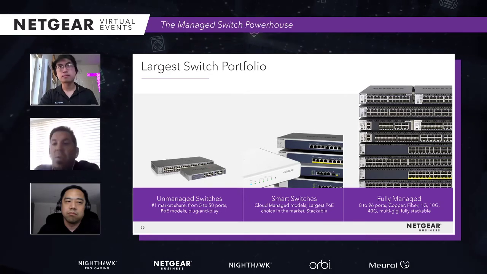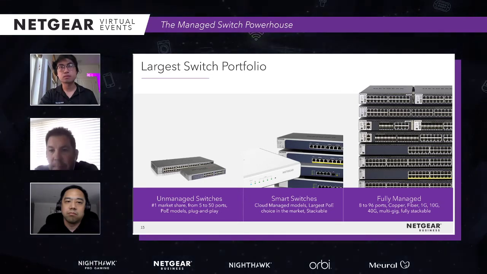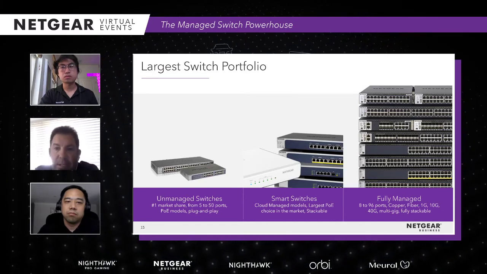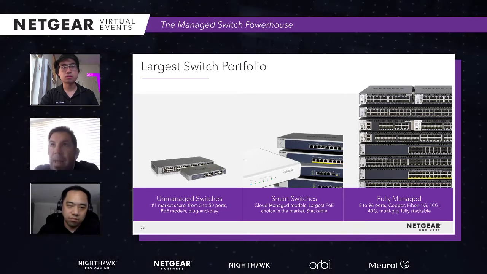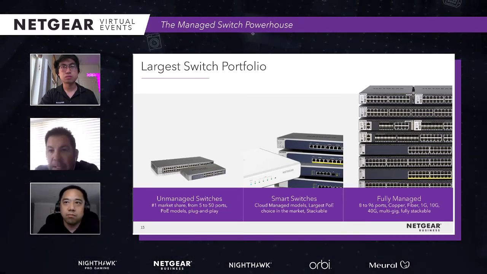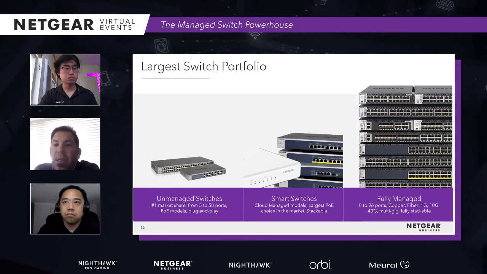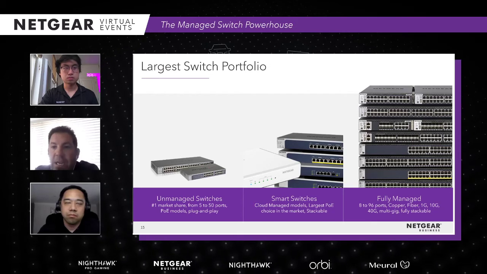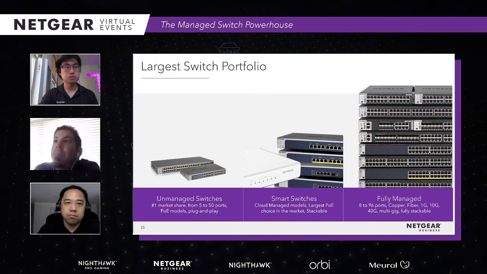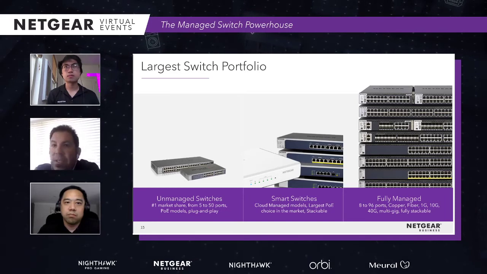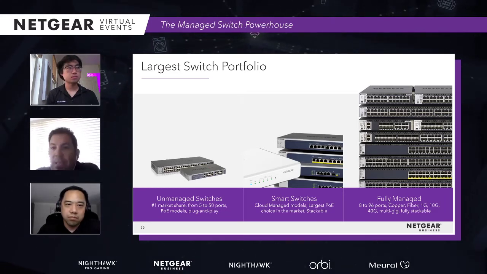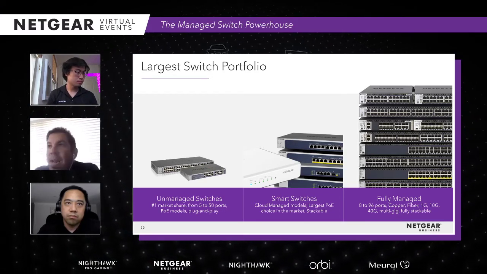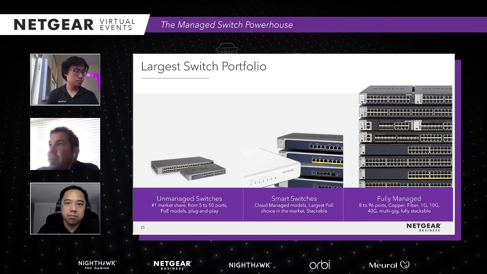The difference, and I want to make sure we're clear on this, is that the fully managed series of switches, specifically the M4300 series, have more management capabilities. That's one of the main differences. The M4300 series has a serial port, and you can do CLI, which is command line interface. Not only that, you can access the switch using Telnet and SSH as well as a web GUI interface. With the smart switch, you can only manage it using a web GUI interface. You don't have this concept of a serial port.